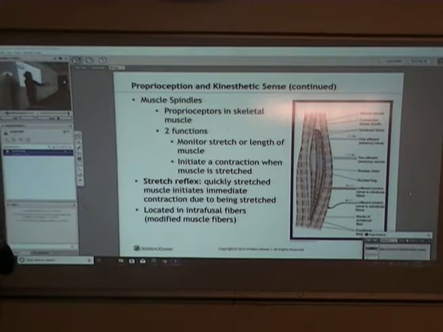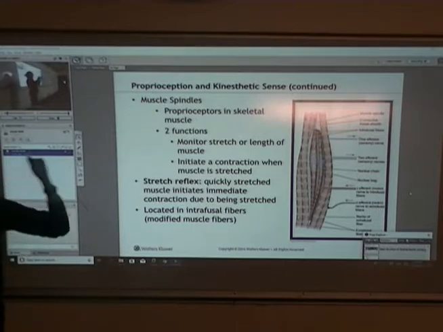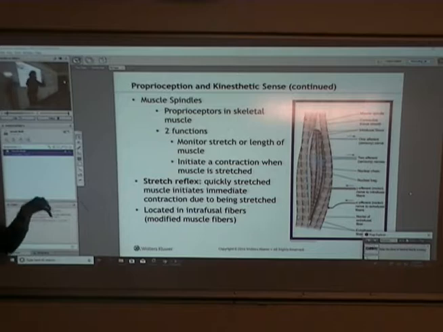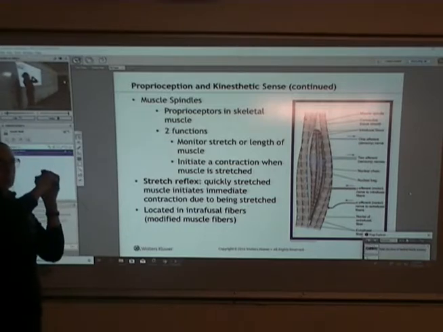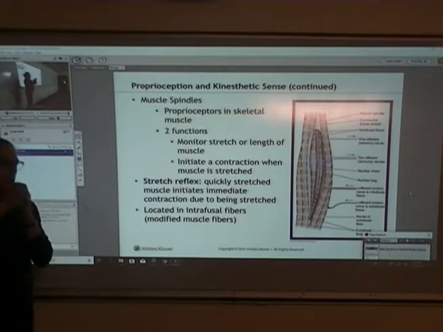So the faster and the harder the change in length, the stretch on the muscle, the stronger the response back to contract the muscle to try to protect it.